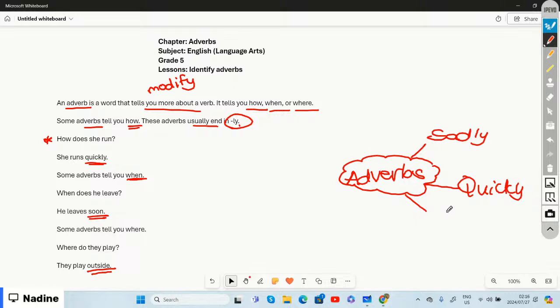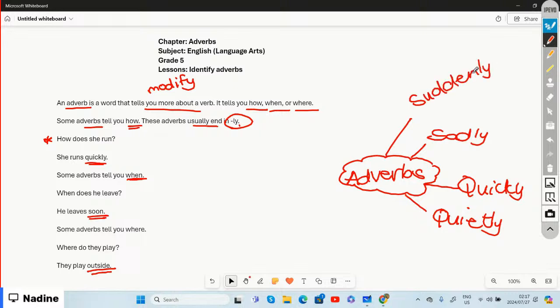Maybe quietly, I'm also doing something. Because now the question is, how are you cleaning? Okay, you can't clean quietly, but yeah. But quietly, sadly, quickly, those are adverbs. Something that happened suddenly, these are also adverbs.